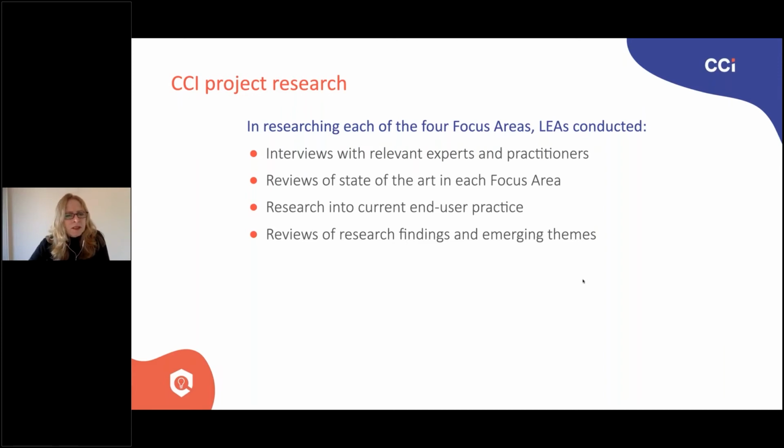They conducted research into current end user practice, and brought that all together to review the findings and to identify emerging themes.